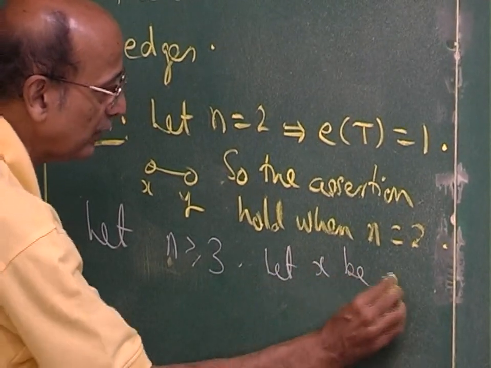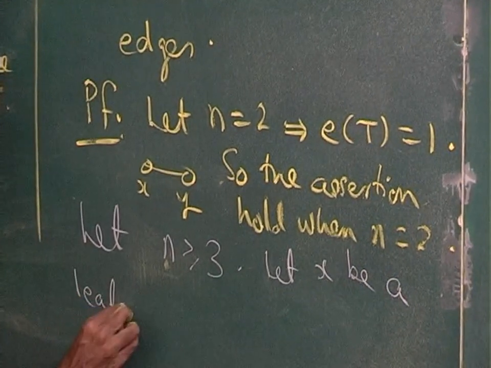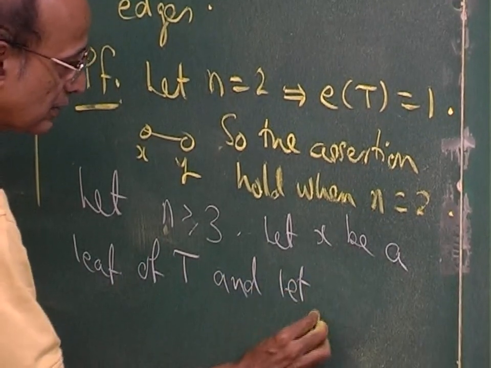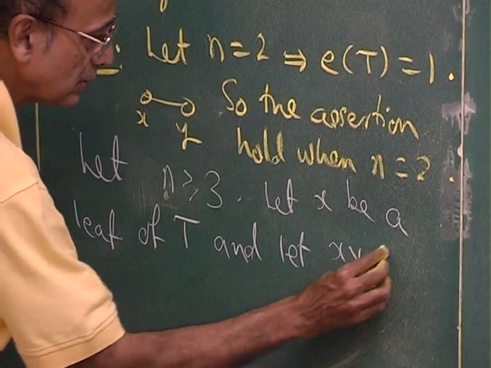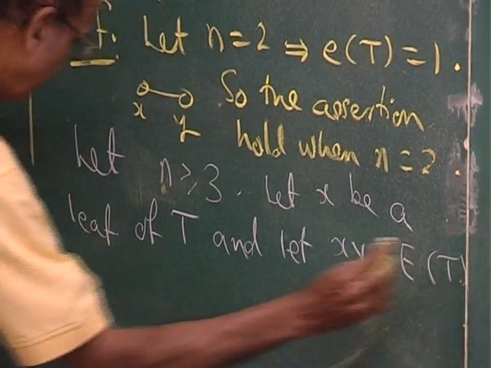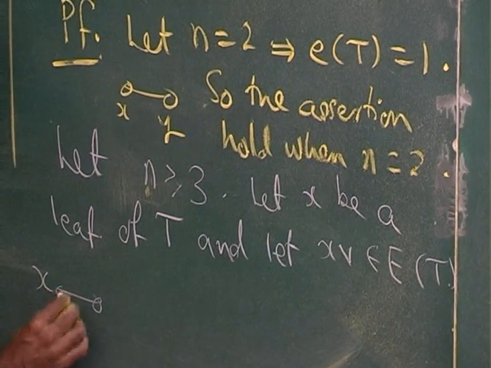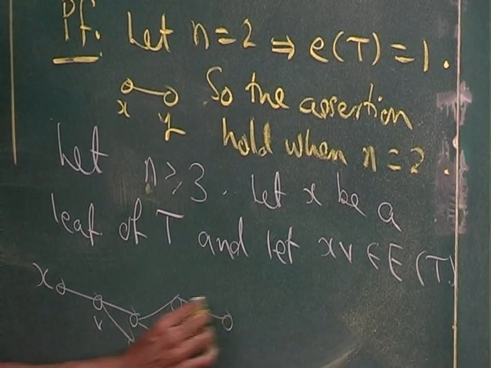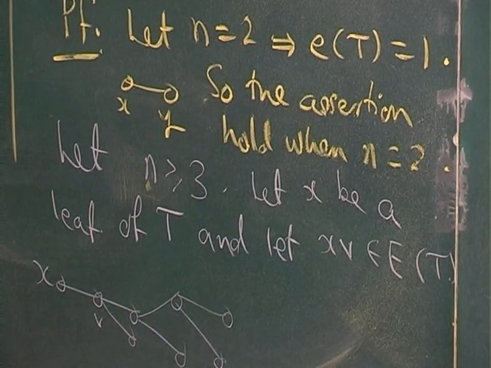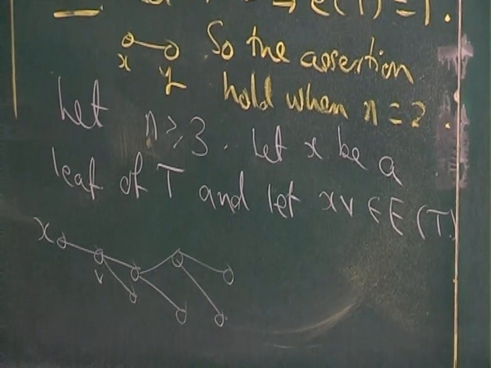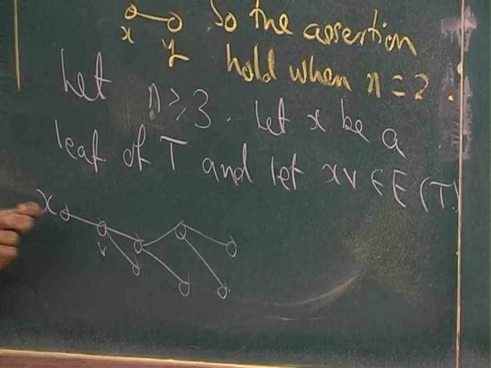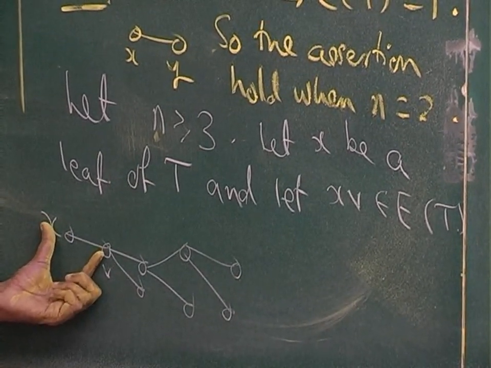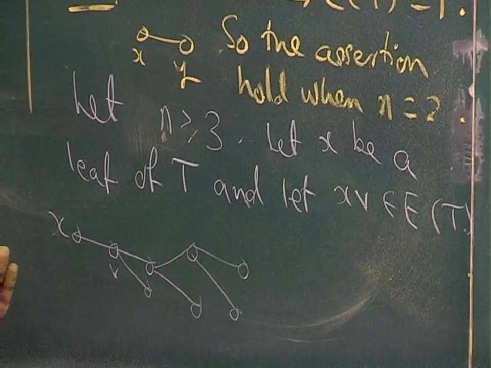Let x be a leaf. So what is the situation here? Like x is adjacent to v and v may be adjacent to some other things there. If I now delete this vertex x along with that edge, I'll get a tree on n minus 1 vertices.